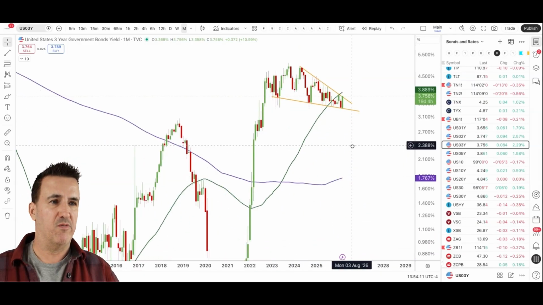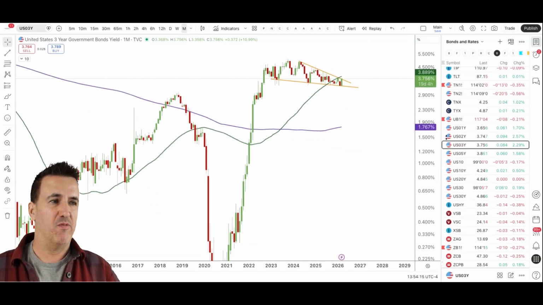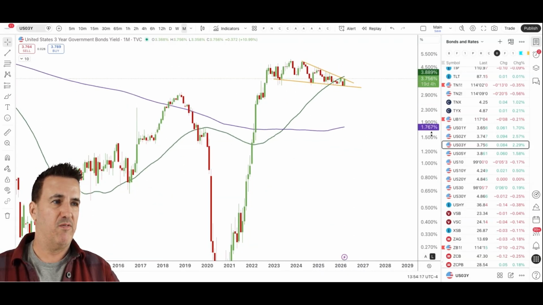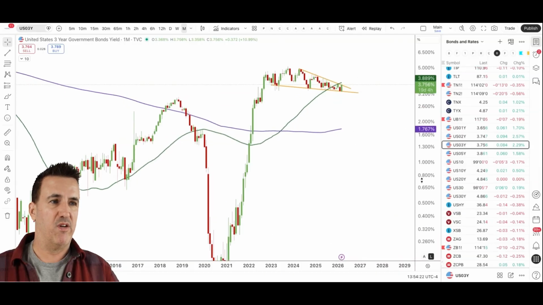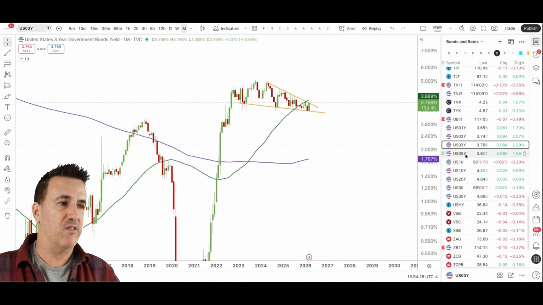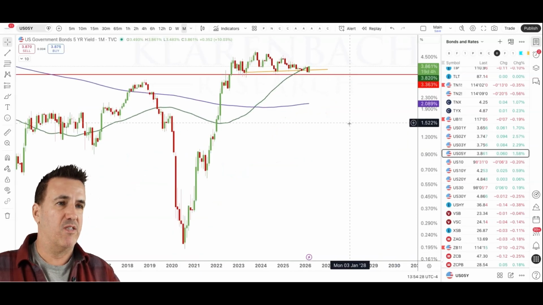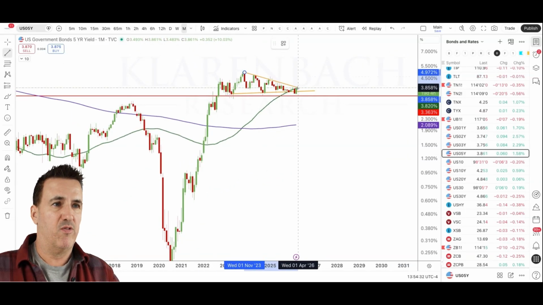What you can almost do is measure the amount of the move. You can measure this move here from 4.5 all the way down to almost 0, right? So I think we're going to see significant increases in the 3-year government bond yields. 5-year, same idea. We could draw this other form.